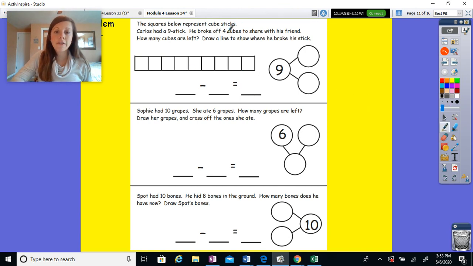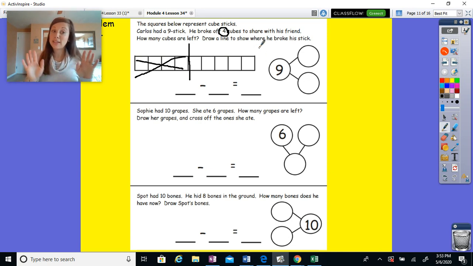He broke off 4 cubes, okay? It says draw a line to show where he broke his stick. So if we count up to 4, 1, 2, 3, 4, we stop there and draw a line because this is how many he broke off. And then you need to figure out how many are left. That's my only hint, okay?